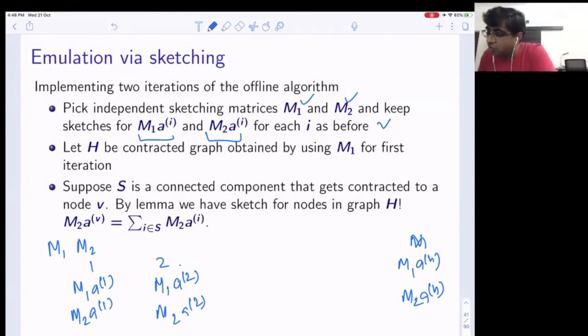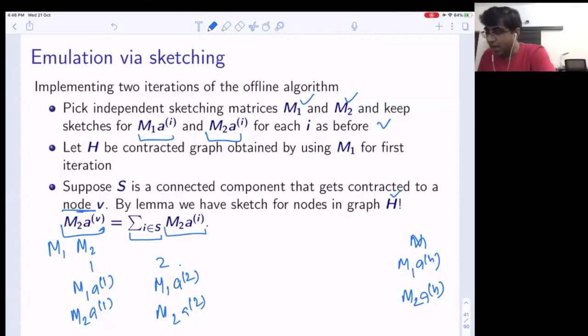Now, suppose H is a contracted graph obtained by using M1 for the first iteration, and suppose S is a connected component that gets contracted to a node V. Now I want to have a sketch for nodes in graph H. So M2 of AV of node V is nothing but the sum over I in S of M2 of AI.